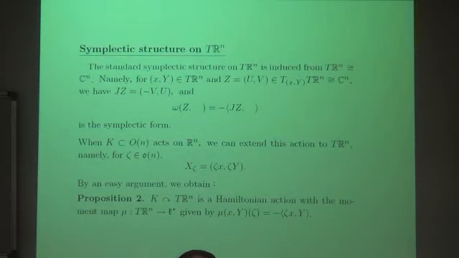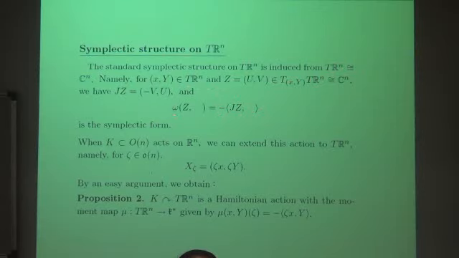It is a very simple idea to extend this action to the tangent space of the Euclidean space. For each Euclidean space, the tangent space is isomorphic to the complex vector space, and this is a Kähler manifold. So we have a natural Kähler structure and Hermitian inner product, and we can define the two form in this way.